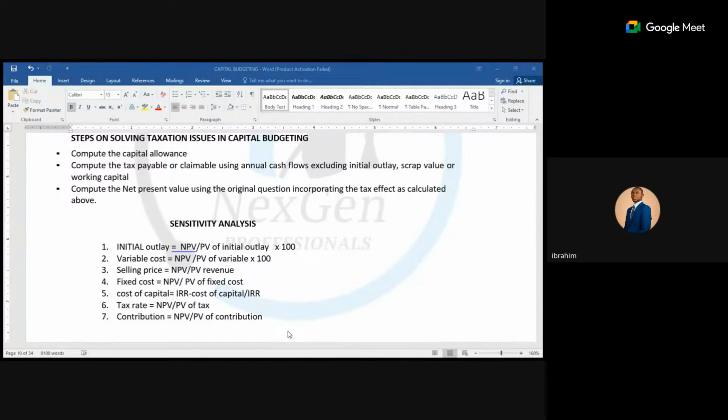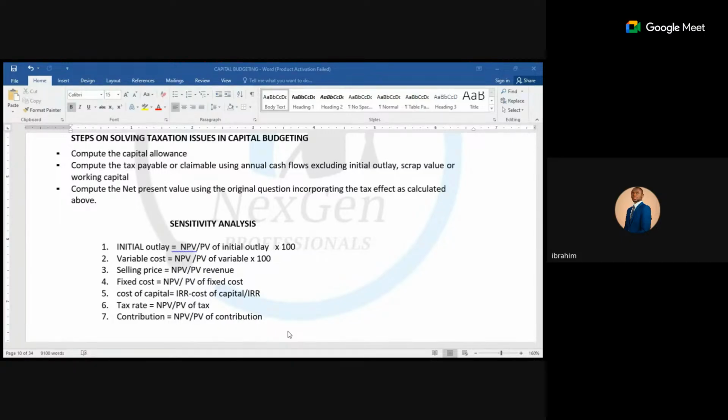So when you are calculating sensitivity analysis on anything that has to do with costs, it must not be above that percentage. Anything that has to do with costs, whether fixed cost, variable cost, or the cost of capital as well.